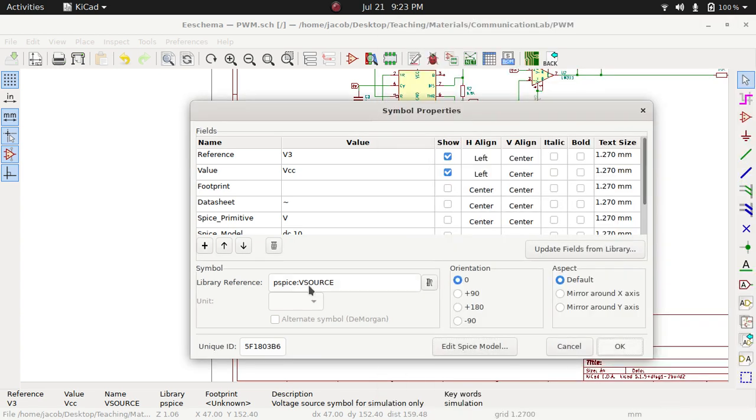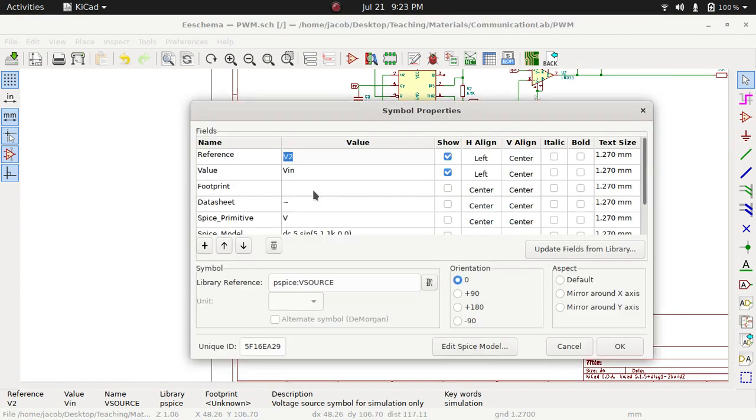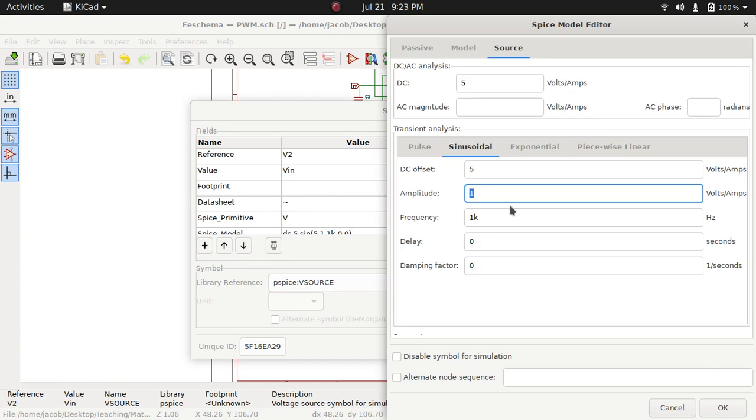And then I have a modulating signal source which provides a sine wave with a DC offset of 5 volts, which is half of VCC, and a sine wave with a 1 volt amplitude. So the signal will vary from 4 volts to 6 volts, and it will have a frequency of 1 kilohertz.